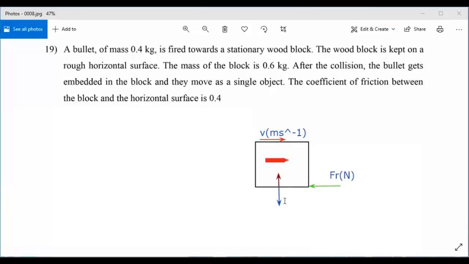Mg is the gravitational attraction force given by the Earth, and the normal reaction force is capital R. Okay, dear. Draw this figure. After that, let's do the calculations.